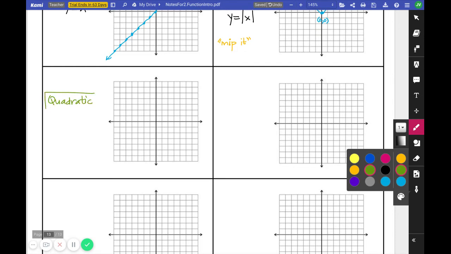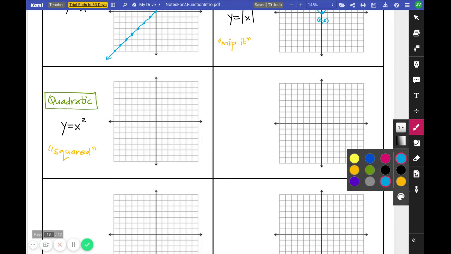The graph of a quadratic is what's called a parabola. It's a U-shaped graph that represents y equals x squared. So we will know it's quadratic because we will see a squared in the equation.